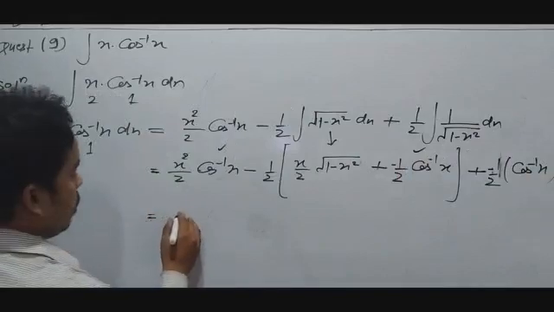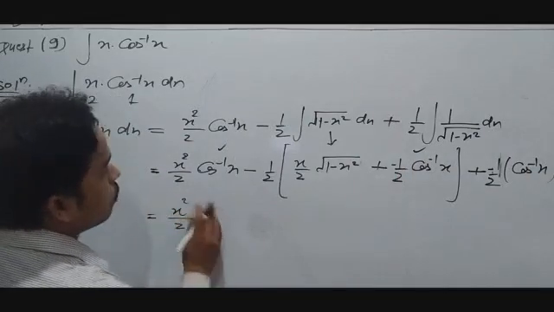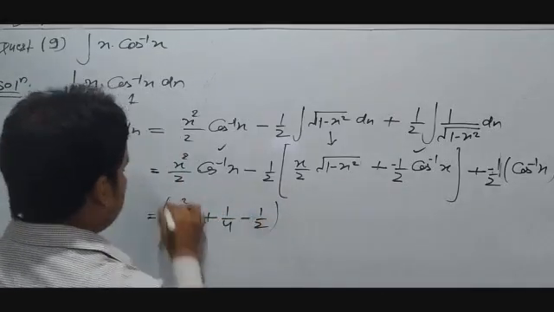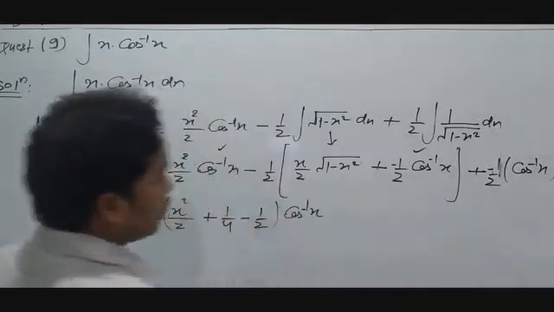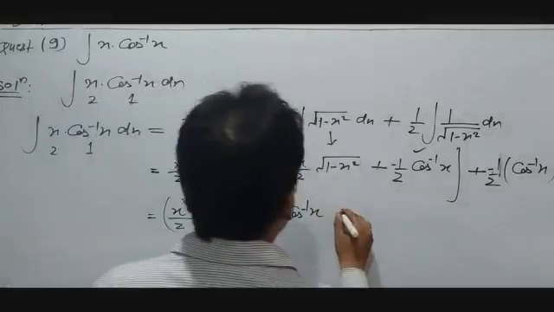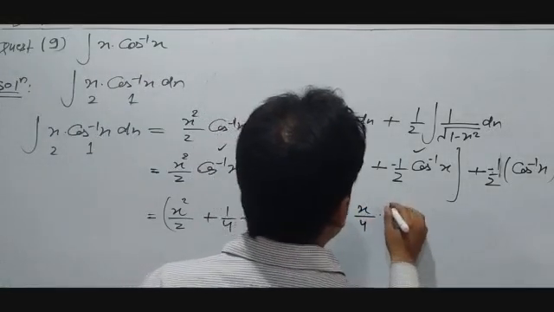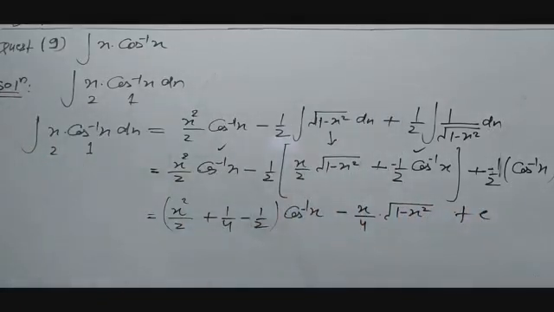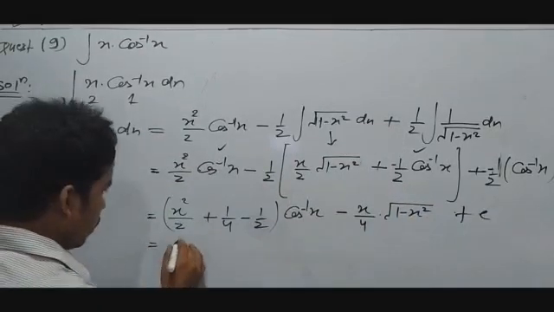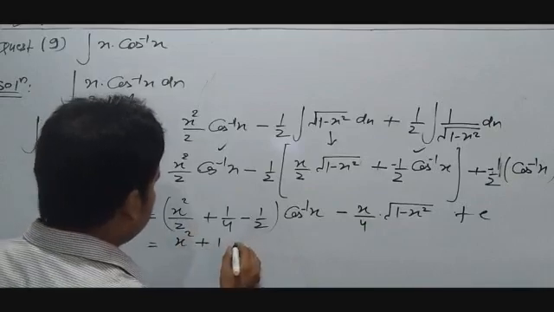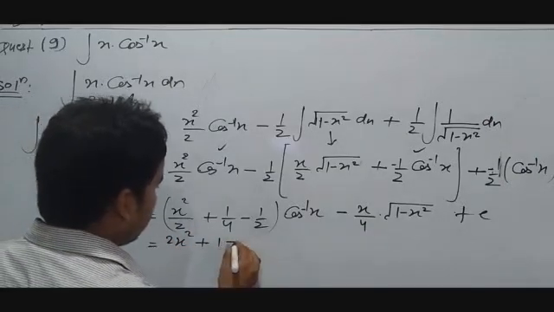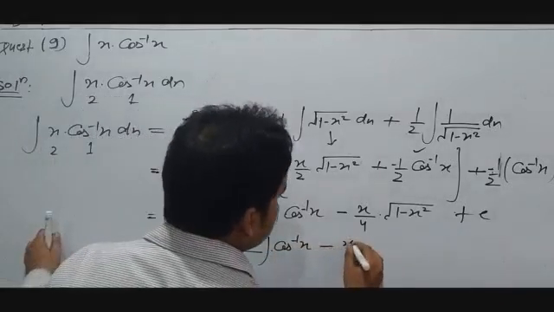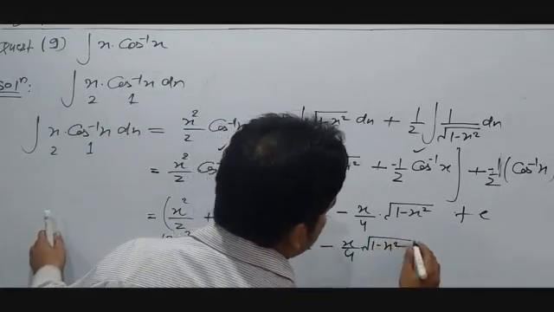So the result will be cos inverse x, when you take common, x square by 2 plus 1 by 4 and now minus 1 by 2, and now with negative sign x by 4 root over 1 minus x square plus C. Now when you solve it, taking LCM, 2x square plus 1 minus 2, whole upon 4, times cos inverse x minus x by 4 root over 1 minus x square.